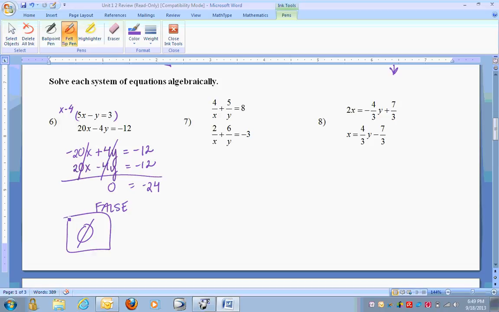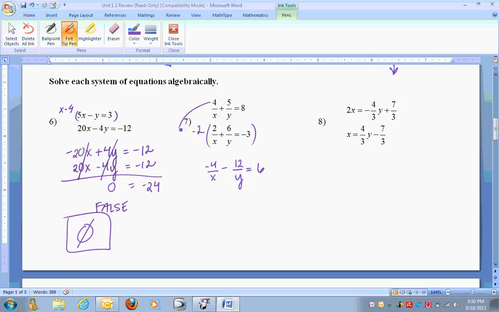Okay? All right, so number 7, we have x and y in our denominators of both equations. So what we're going to focus on is our numerators, and I'm going to use elimination again. And looking at the numerators over my x's, I have 4 and 2. So I can multiply this bottom equation by negative 2, and I can end up with negative 4x minus 12 over y equals 6.